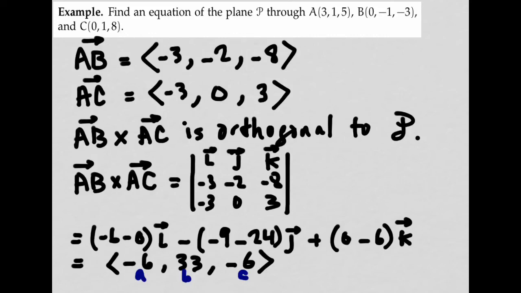We also have a choice of 3 points to pick as our point in the plane P. We can pick point A or point B or point C. If we pick point A, we get that x0 is 3, y0 is 1, and z0 is 5.